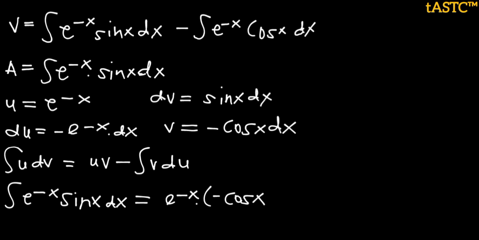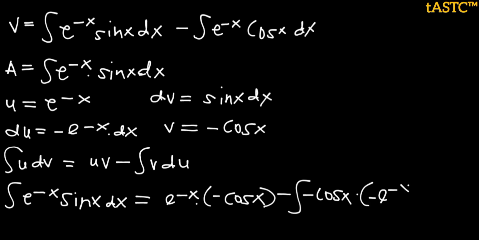We shouldn't have written out a dx there, because we already had a dx there. Now this is minus integral v du, right? So we know v is minus cos x, and du in this case is this stuff, so that will be minus e to the minus x dx, right?